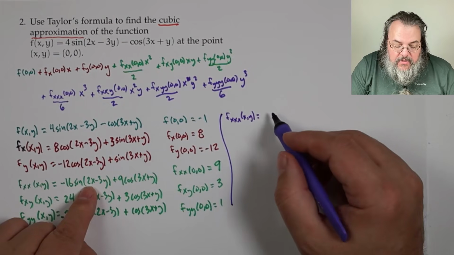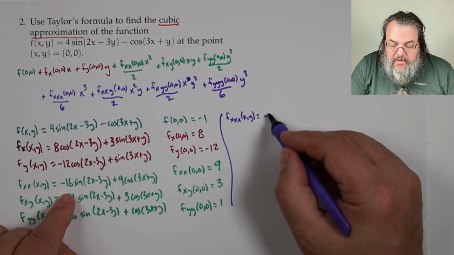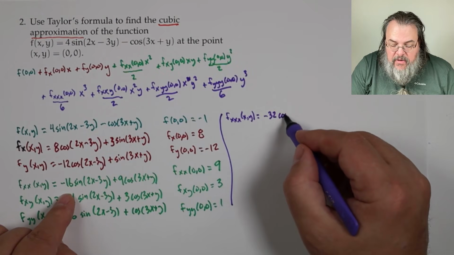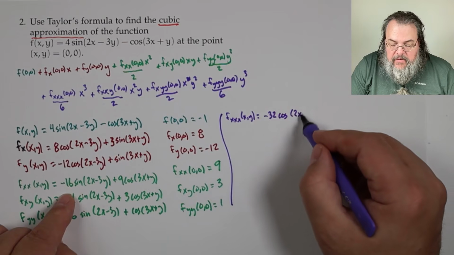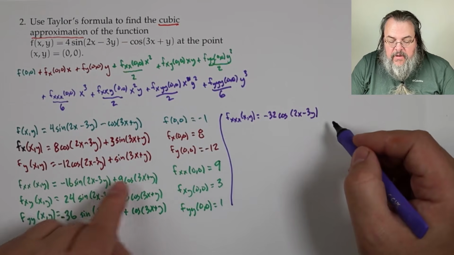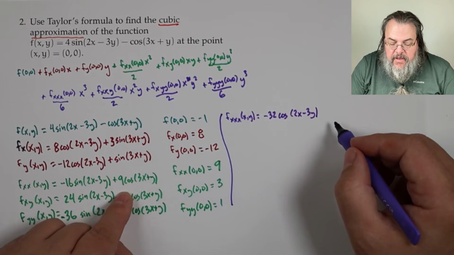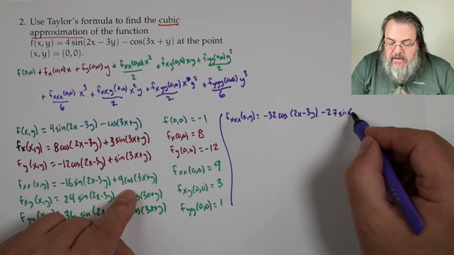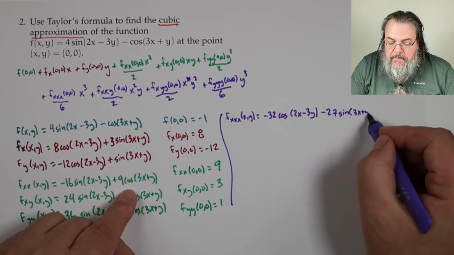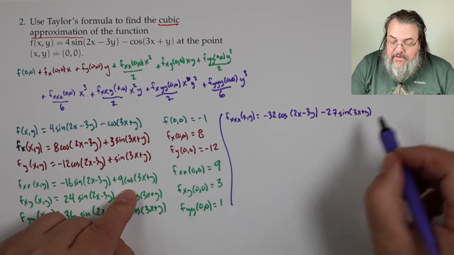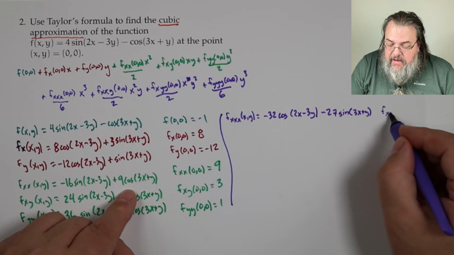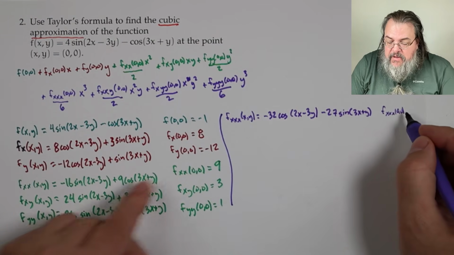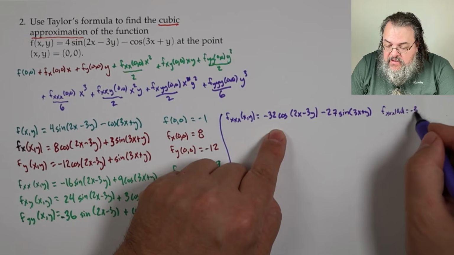A 2 comes out, so we'll get a minus 32 cosine(2x minus 3y). Derivative of cosine is negative sine. A 3 comes out, so we get minus 27 sine(3x plus y). And if we plug in (0,0), f_xxx at (0,0) is minus 32.